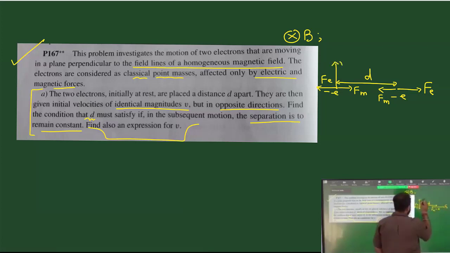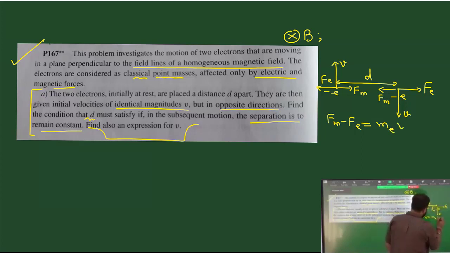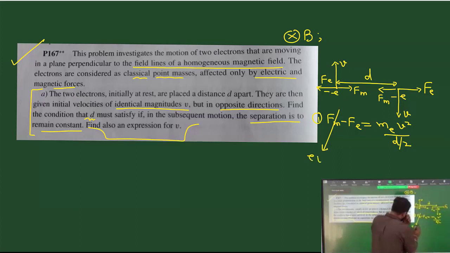So let me take that V up and a symmetric V down. So V cross B term, and the charge is negative. As far as this problem is concerned, if I make my Fm minus Fe equal to M, M is the mass of the electron, M into V square upon d by 2, my first equation, where Fm is eVB.